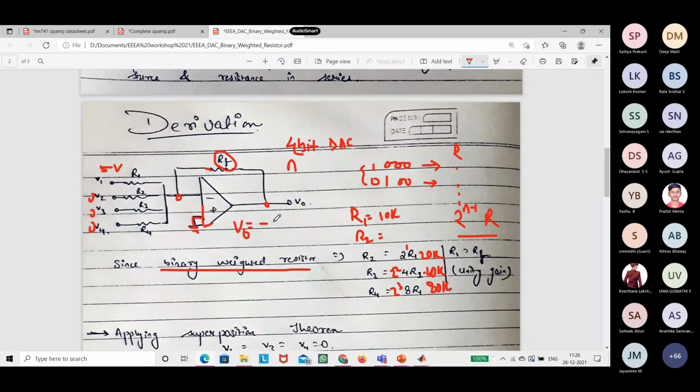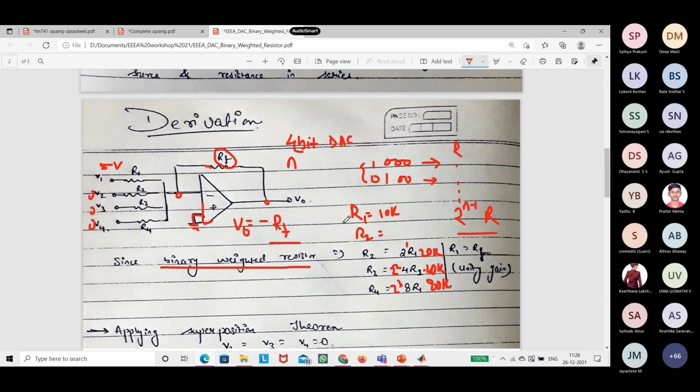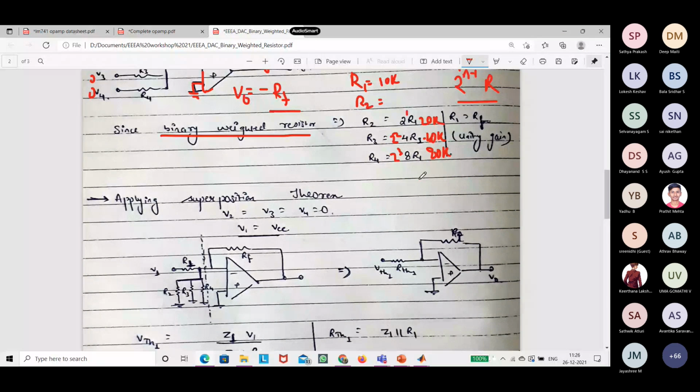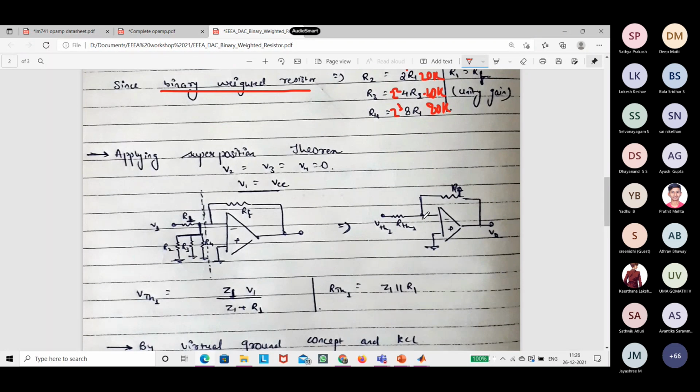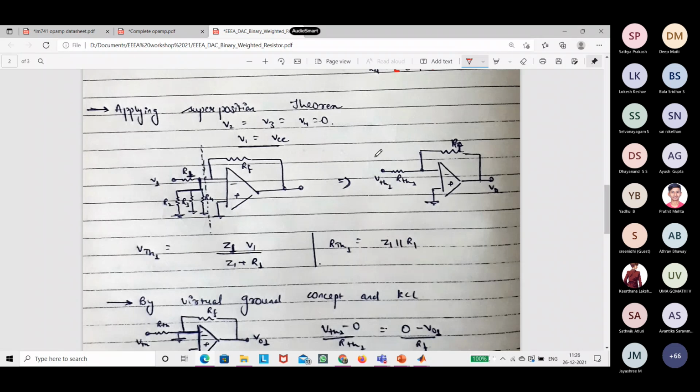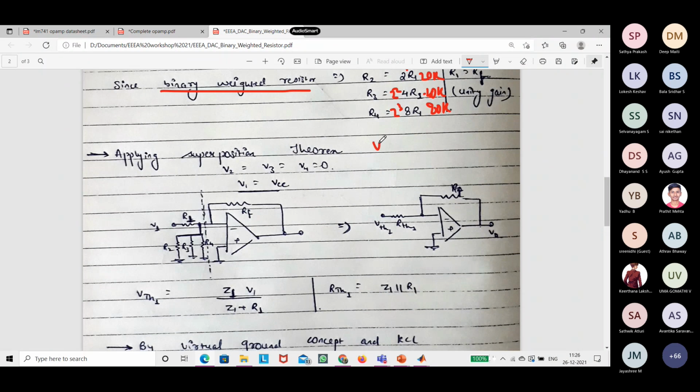V out equals minus of RF divided by... Okay, suppose this is your circuit, then we could write V out equals minus of R feedback divided by the RTH into VTH. Okay, I'll derive that in a later part as well, so that's not a problem.